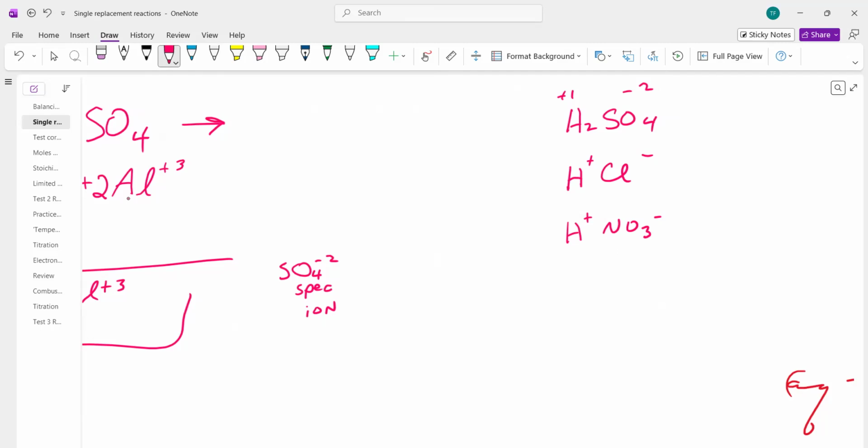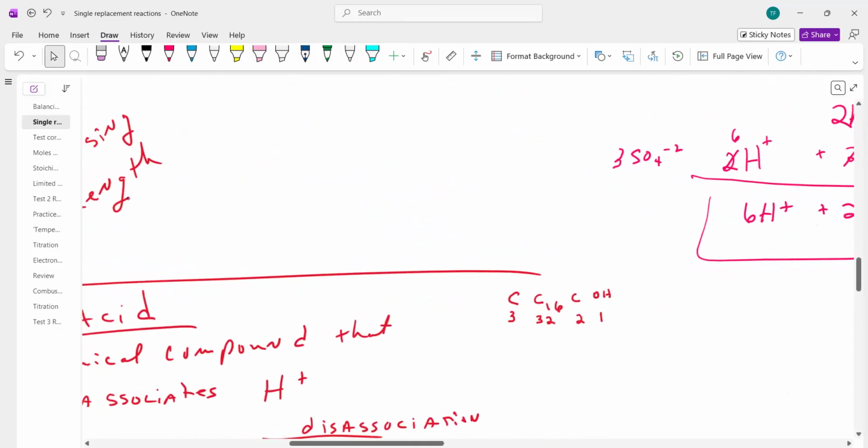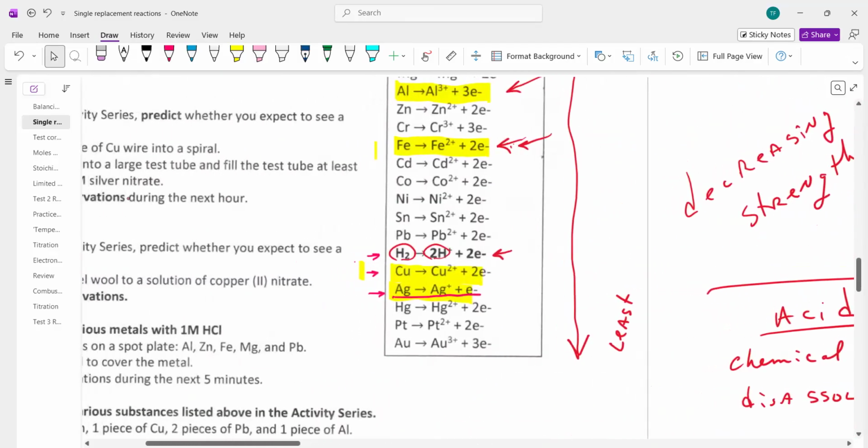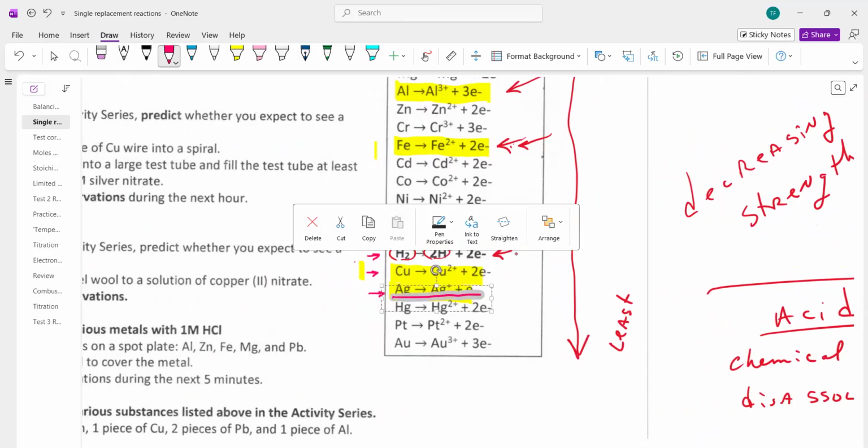Those are the three strong acids you need to know. So whenever we have any of those acids in play, we're going to be using this guy here.